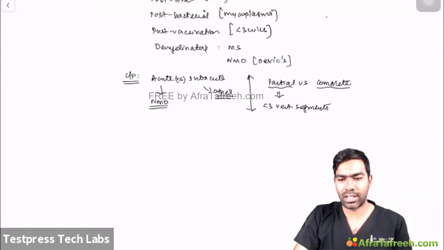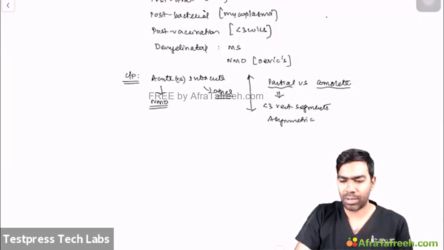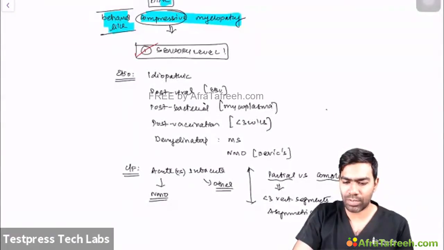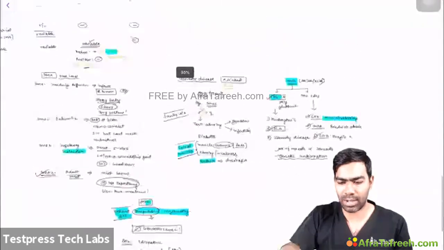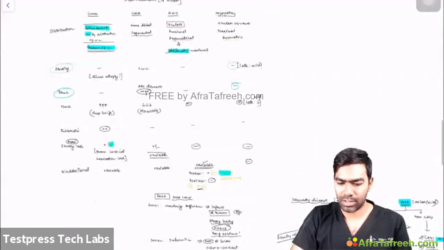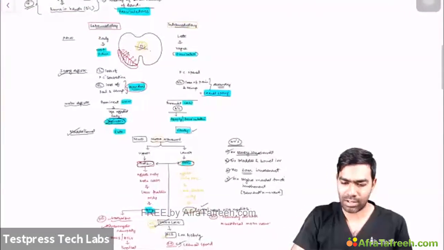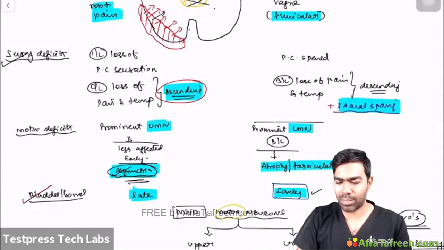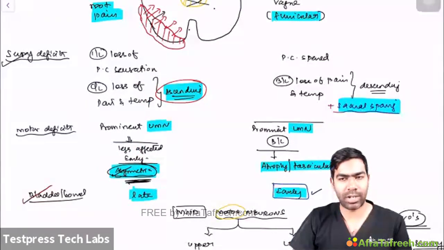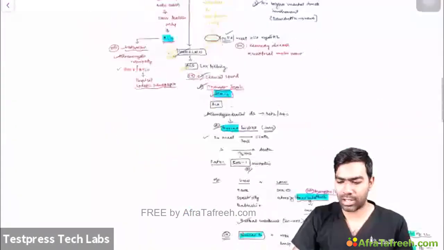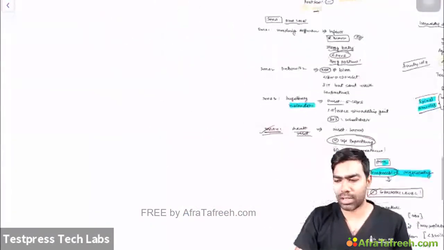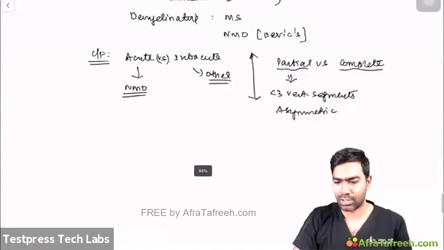Next, they will be more asymmetric in nature. Remember that asymmetry is also a feature of a compressive myelopathy. We studied this some time back. In a compressive extramedullary lesion, that asymmetry is a very important thing. That is why I told you acute transverse myelitis is a non-compressive myelopathy, but has a lot of compressive features.